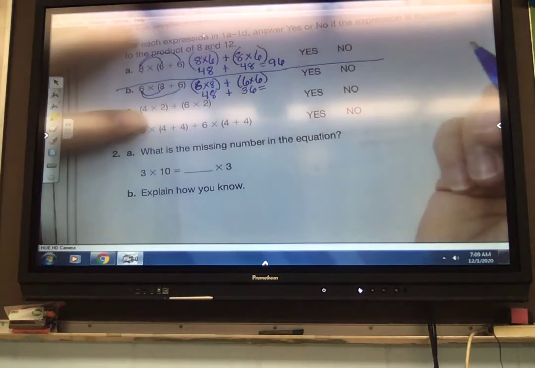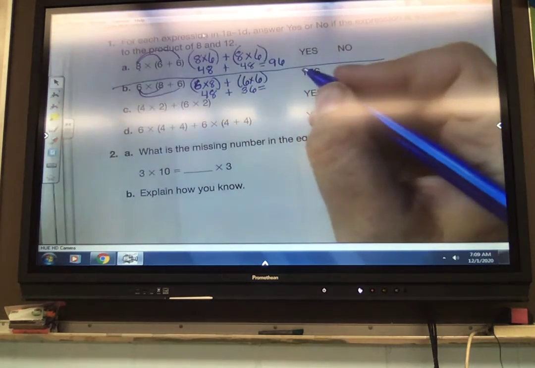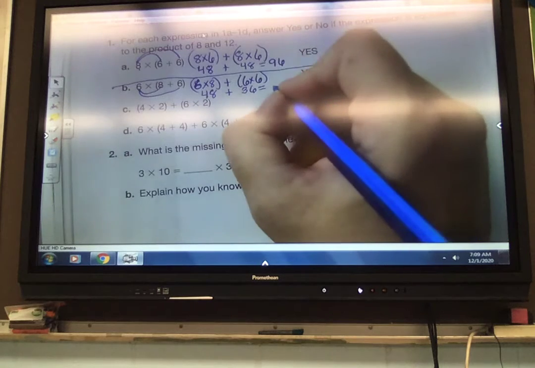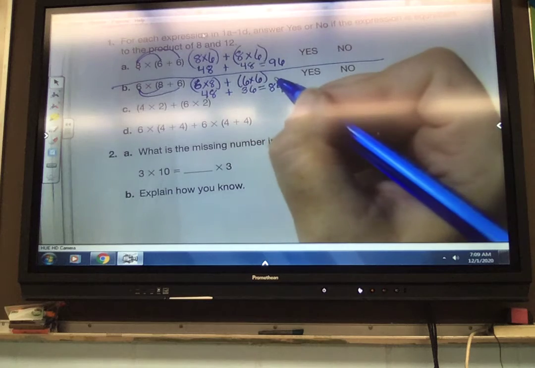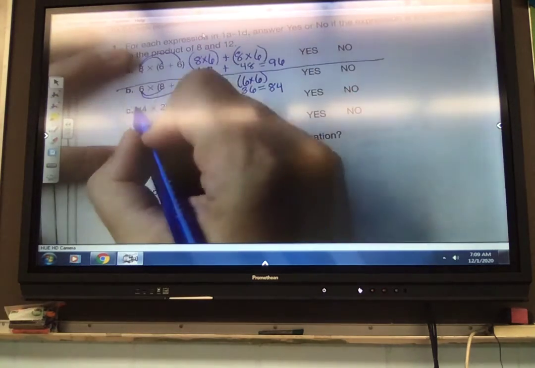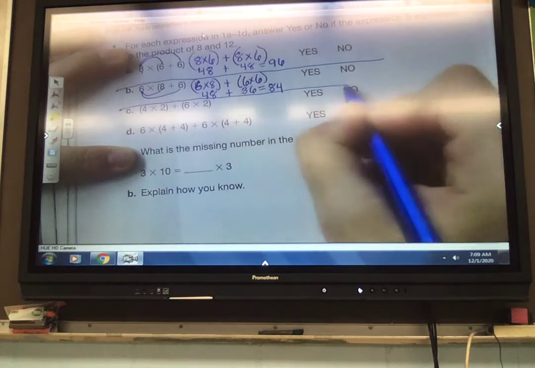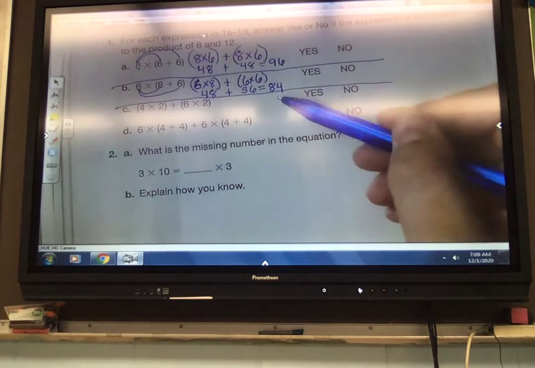Add those up. What is that? 80... 84? I think that's 84. Is that right? 8, 9, 10, 11, 12, 13, 14. Regroup. Yeah, 84. All right, let's go to C. So I already know either both of these are wrong or one's a yes and one's a no.